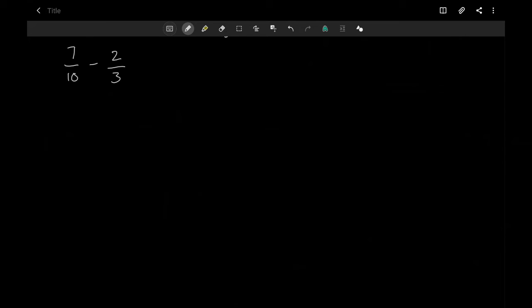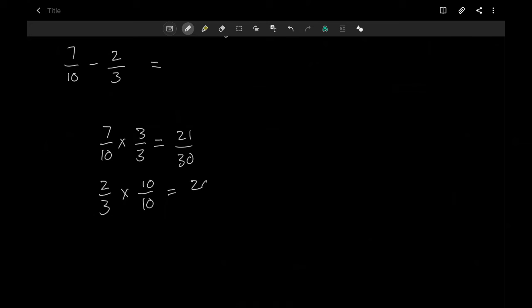The principle also works exactly the same for subtraction. Say we had 7/10 and we wanted to subtract 2/3. We do exactly the same thing. So 7/10, we need to multiply that by the opposite denominator, which is 3. That gives us 21 over 30. Now, if we look at the second fraction, that's 2/3, we multiply that by the opposite denominator, which is 10.